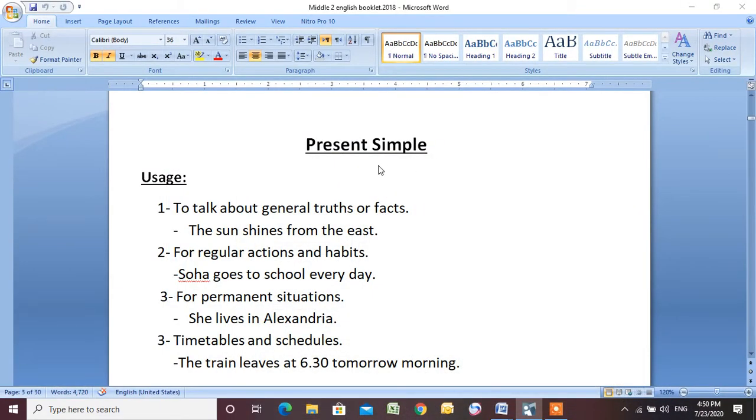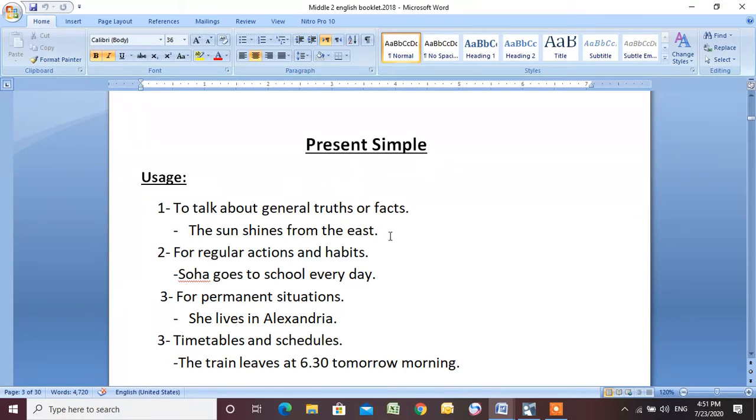To remind you of the present simple tense, you have to know where you can use it or how you can use it. So, usage: we use it to talk about general truths or facts. So if you are talking about a fact or a general truth, you have to use the present simple tense. For example, the sun shines from the east.